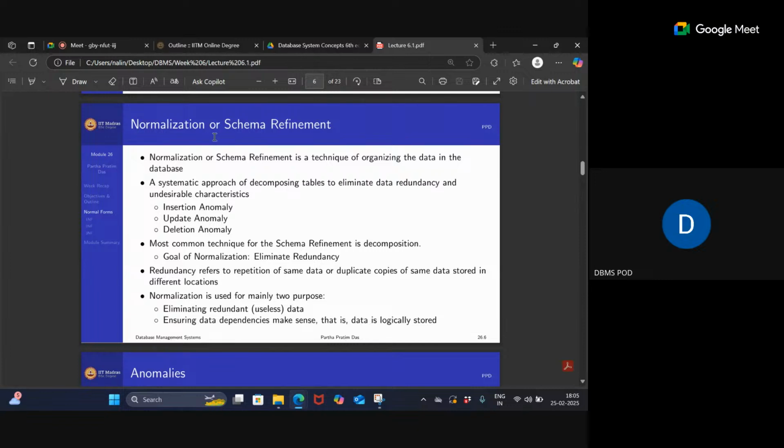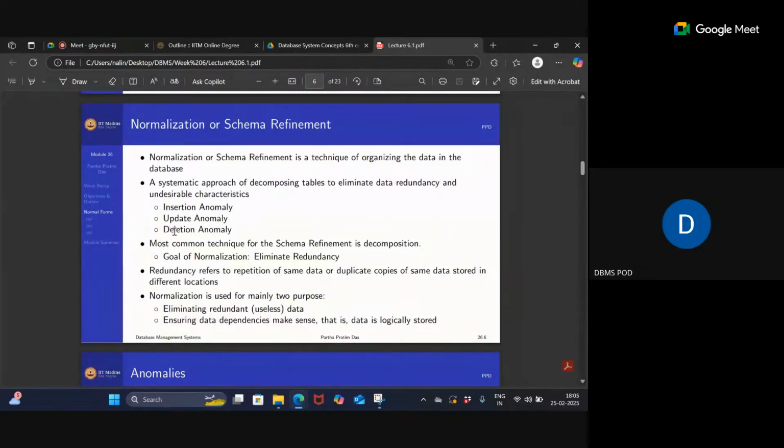So what is normalization or schema refinement? Normalization or schema refinement is a technique for organizing the data in the database. It is a systematic approach of decomposing tables to eliminate data redundancy and undesirable characteristics.